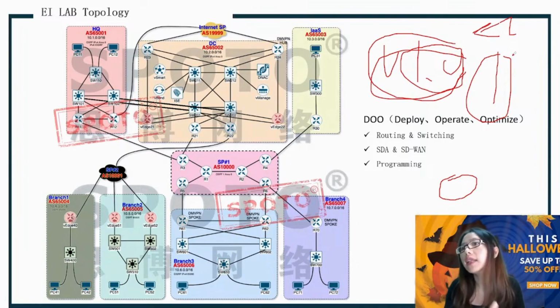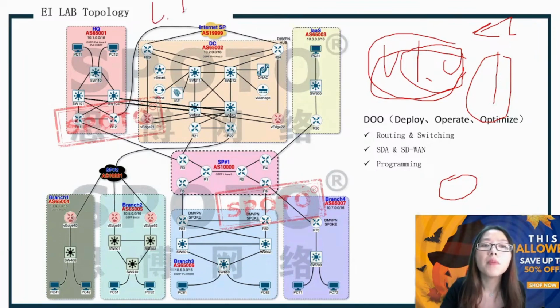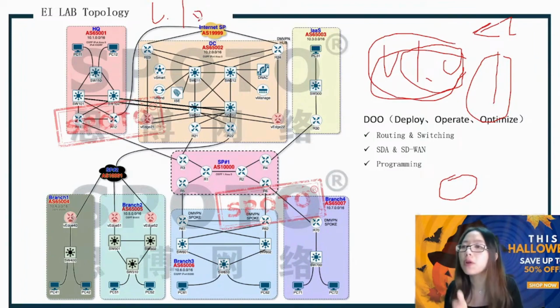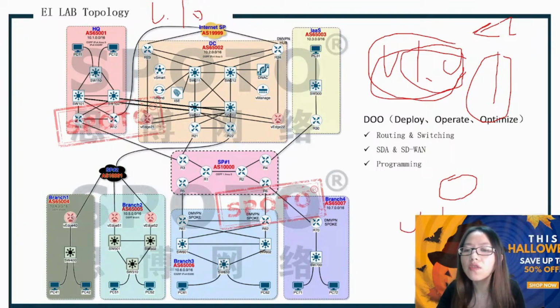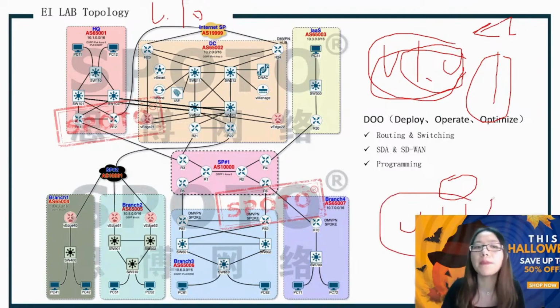Because if you didn't take part in the old version, I will suggest you learn the CCIE EI version 1.0 first. Why? Because the new version 1.1 didn't change a lot about the CCIE knowledge.